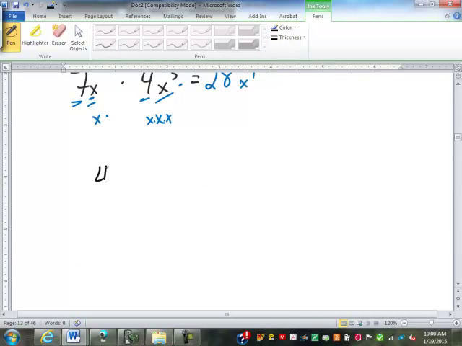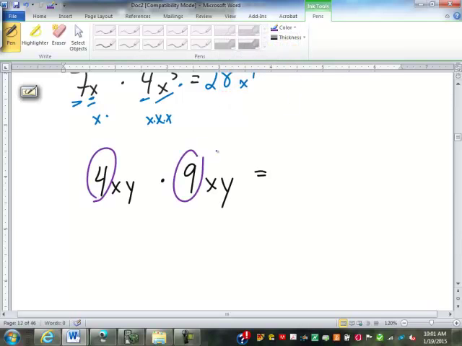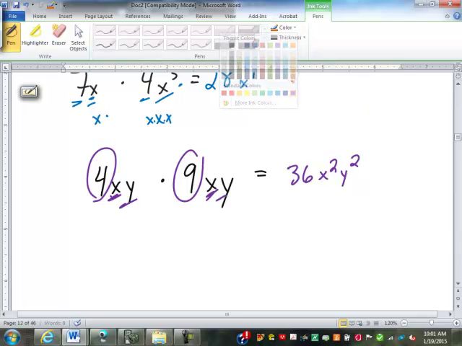We might have something like this. So we can do 4 times 9 is 36. Now when we have more than one variable, we do each of them at a time. x times x is x squared. y times y is y squared. We can run into this.